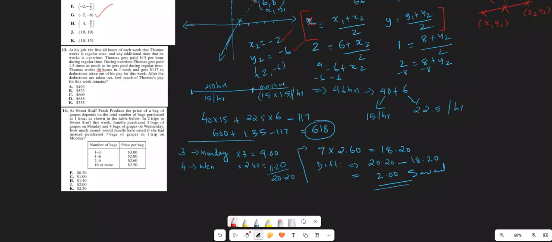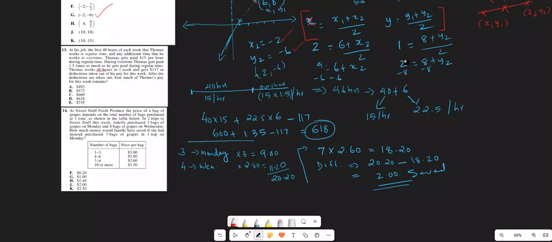So $15 per hour for 40 hours and $22.50 per hour for 6 hours. So the total he gets is 40 times 15 plus 22.5 times 6. This 22.5 comes from the question, which says overtime is 1.5 times the regular hourly rate.